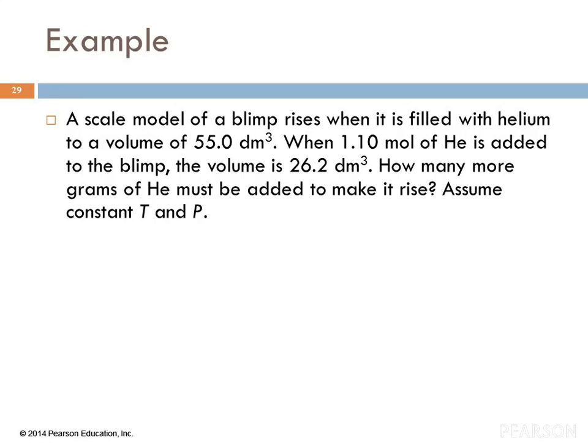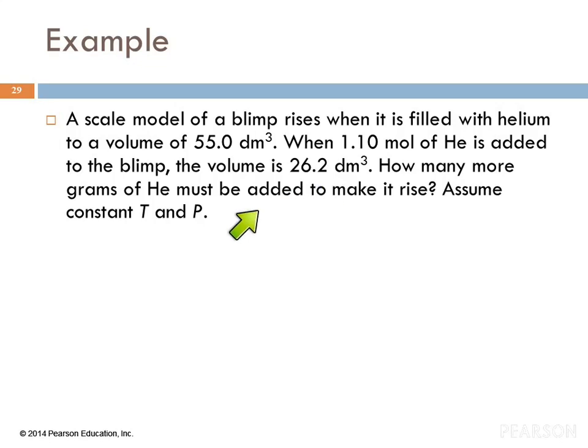So if it's got helium in it and has a volume of 55 cubic decimeters, then it's going to rise. So they put 1.1 mole of helium in the blimp. The volume is 26.2 cubic decimeters.